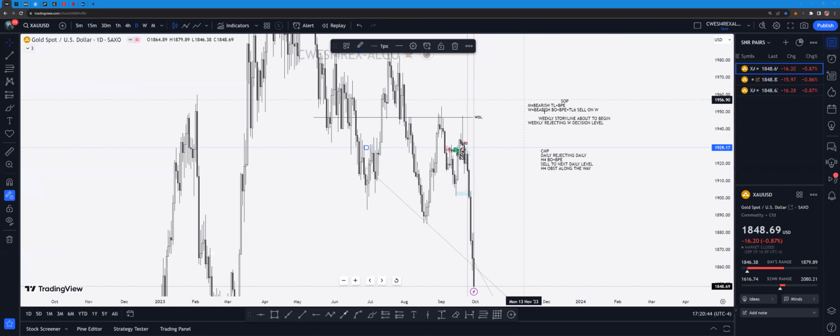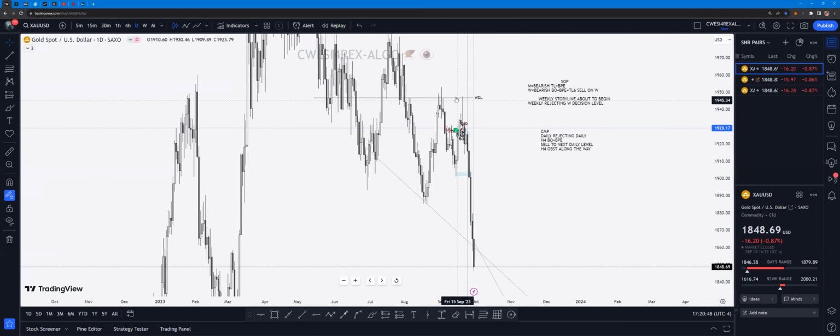So you can see this is my SOP for this swing sell from here. This is what gave me the reason to hold this sell over here. Let me explain it to you guys.